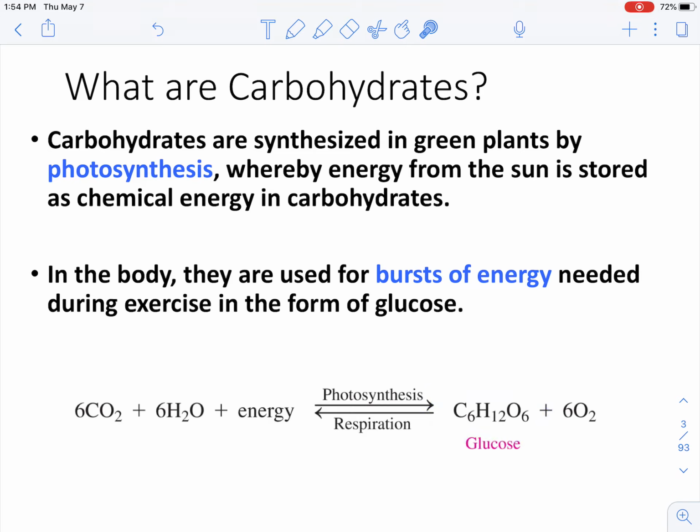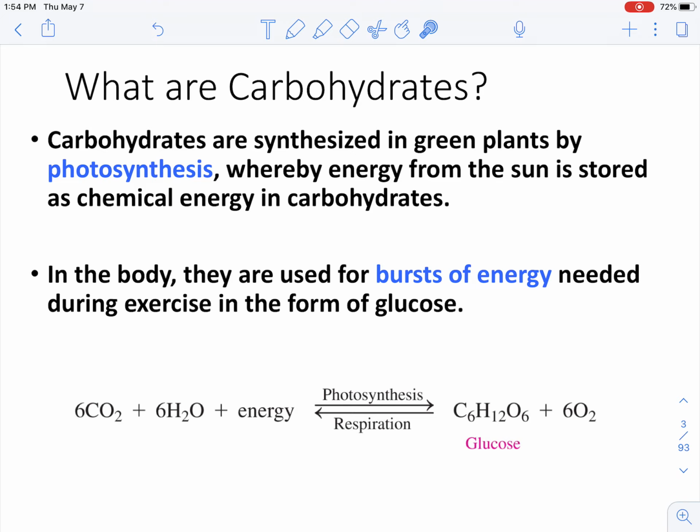Glucose, which is our carbohydrate, is going to be consumed by, for example, animals such as humans. And we do require oxygen to drive the oxidation process, this idea of cellular respiration, to produce carbon dioxide, water, and energy.